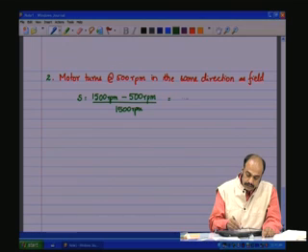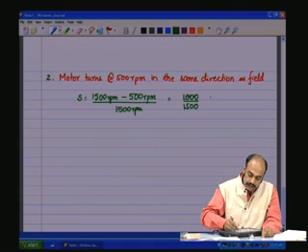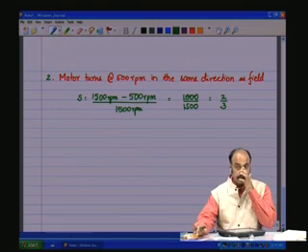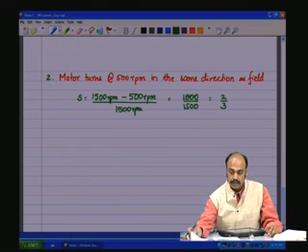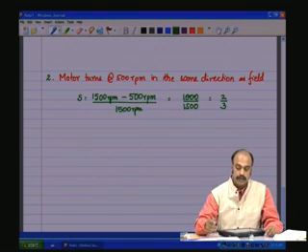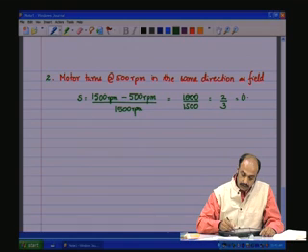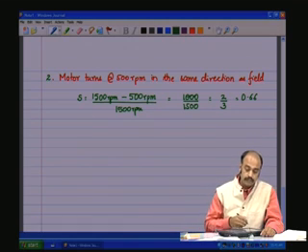So this is 1000 by 1500, and this gives you a value of 2 by 3. So the slip is 2 by 3, which is equal to 0.66.